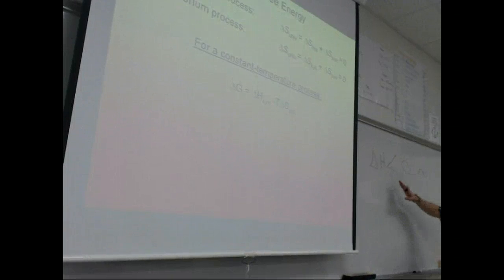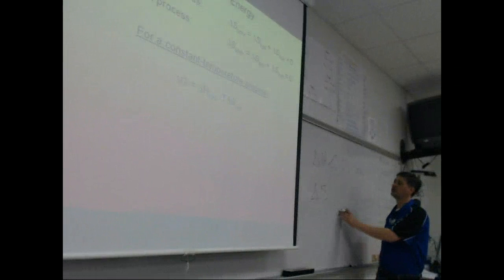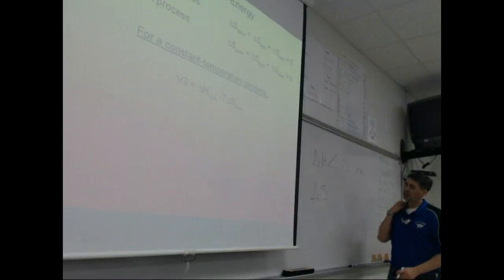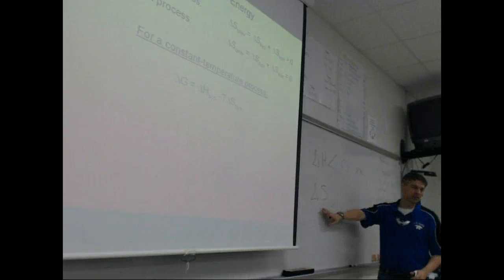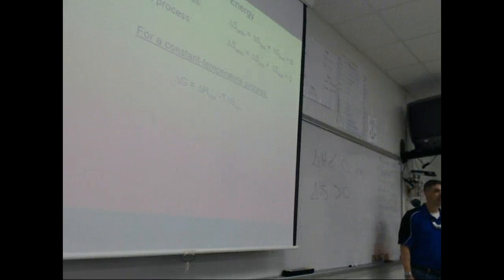Something with a negative value for delta H would tend to be spontaneous. The other force in nature was entropy. If delta S is greater than 0, that would tend to be spontaneous because we're increasing in disorder.